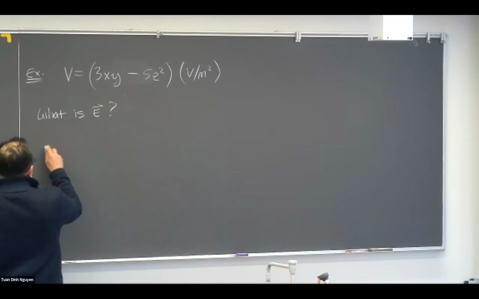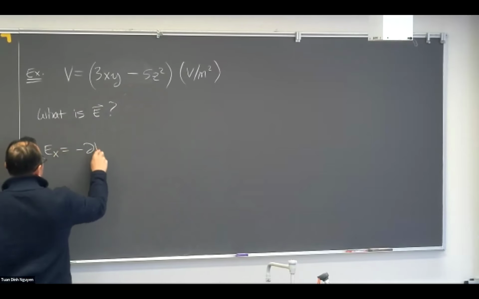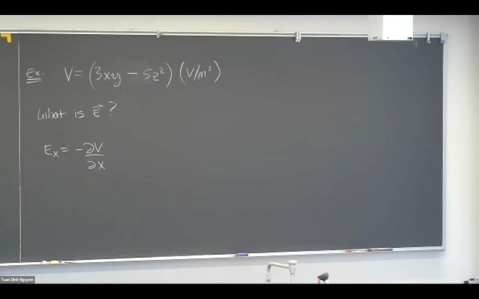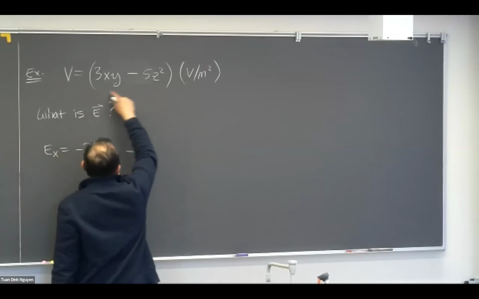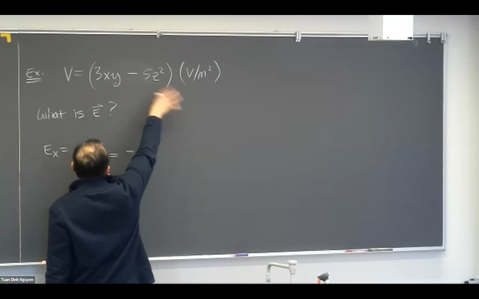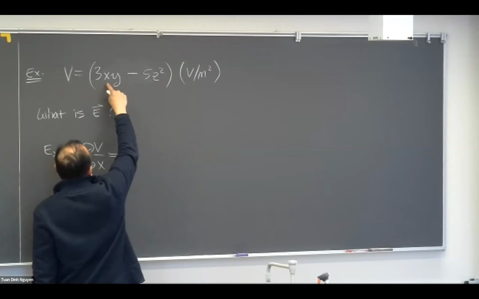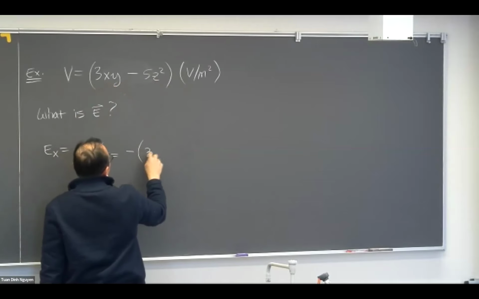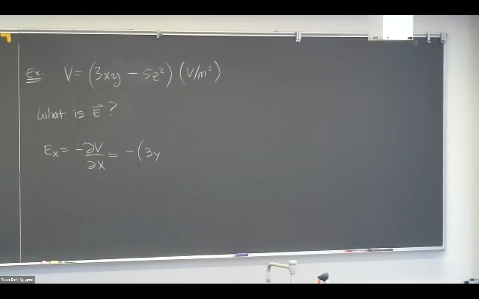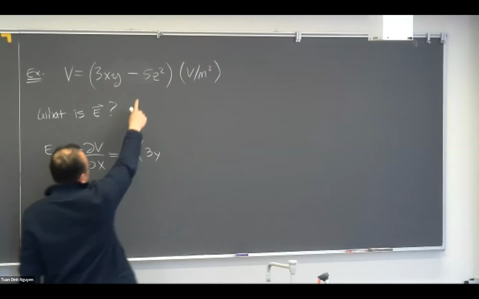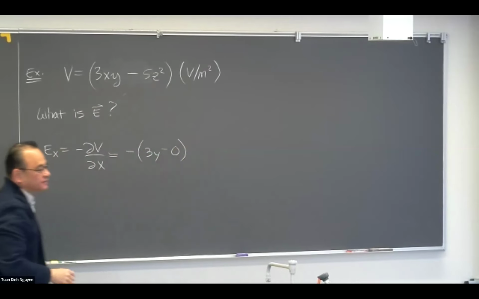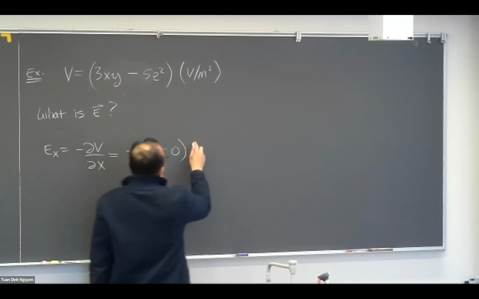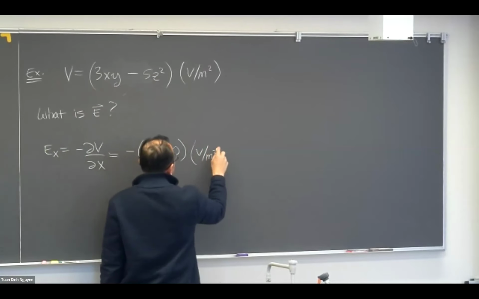So you first find Ex, minus dV/dx. Take the derivative of this with respect to x, ignoring everything else. The derivative of this with respect to x is just 3y. The derivative of this with respect to x is 0. And then keep the units.